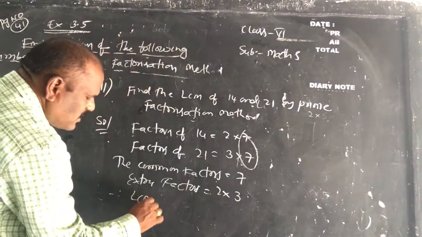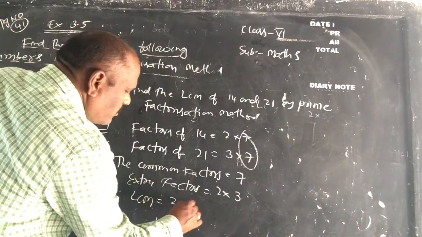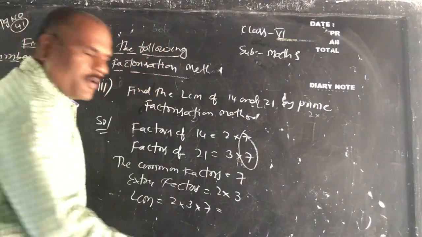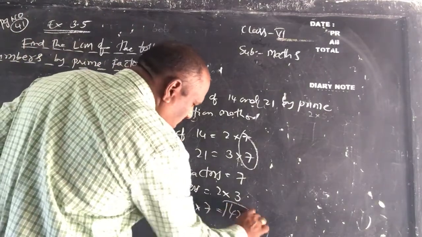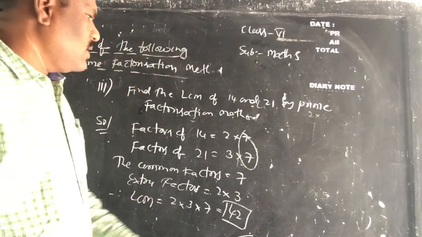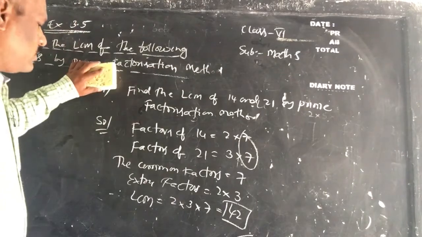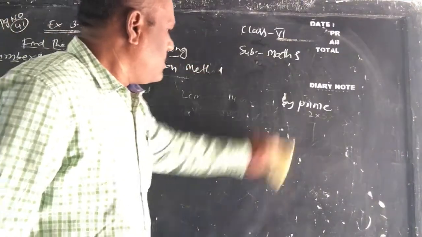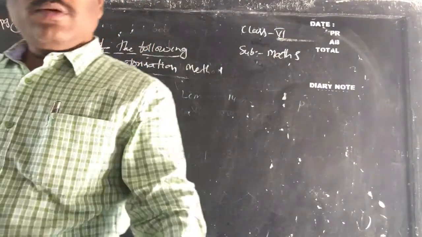Therefore, LCM equals 2 into 3 into 7. 2 sixes are 6, 6 sevens are 42. So 42 is the answer. This is the third solution. Now children, one more. Next problem.